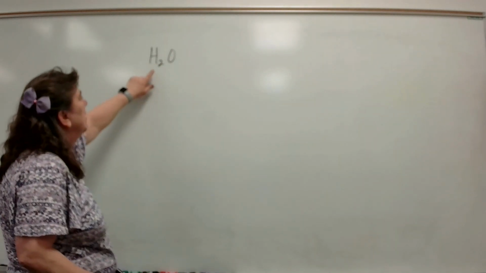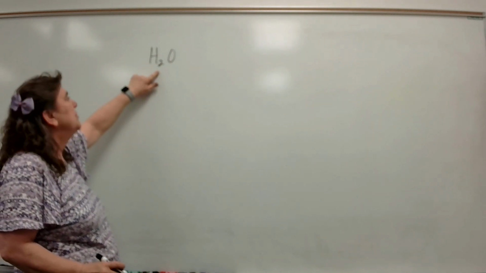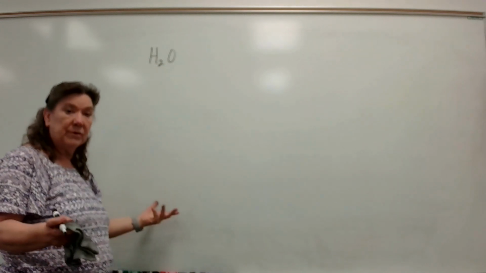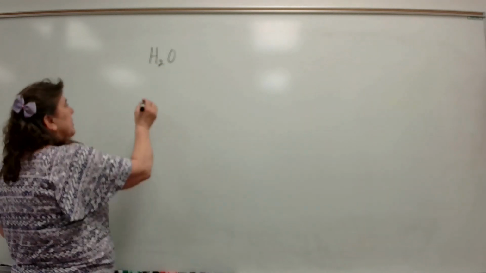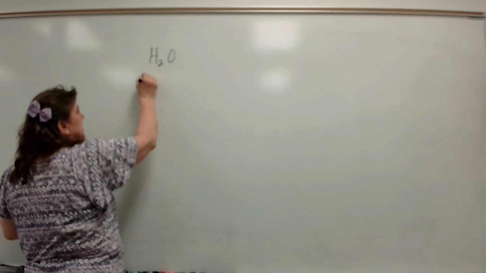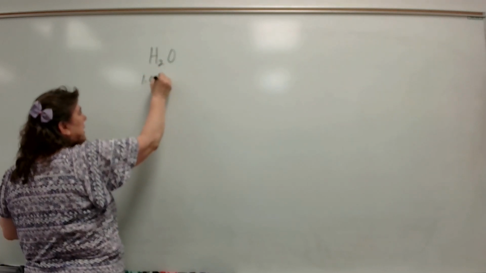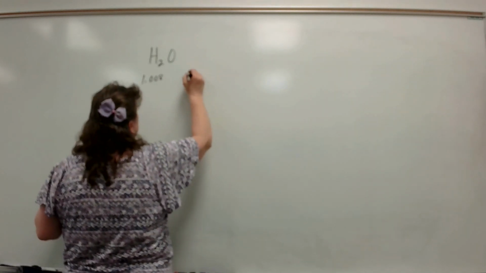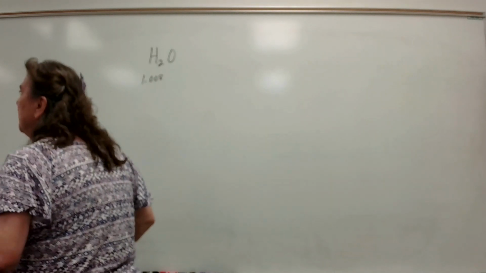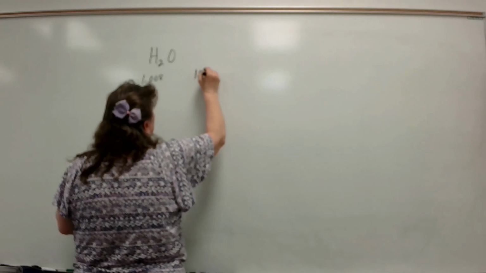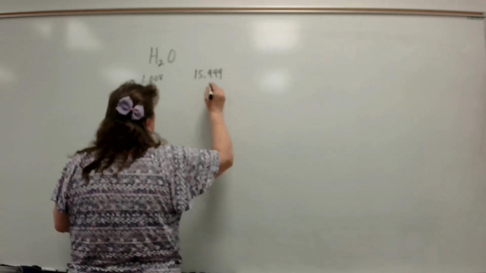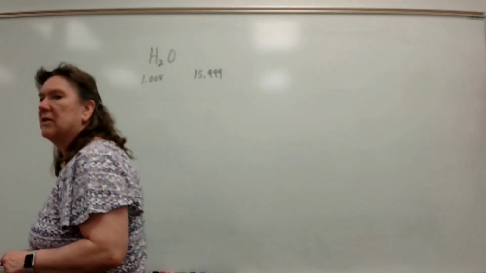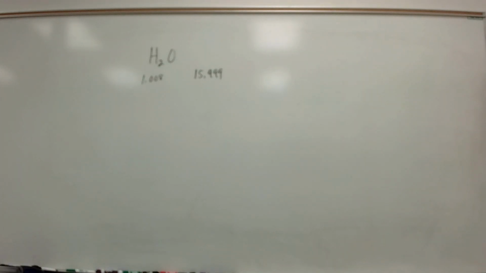This means I have 2 atoms of hydrogen combined with 1 atom of oxygen to make water, okay? So the gram mass of hydrogen is 1.008, okay? The gram mass of oxygen is 15.999. A lot of times we use 1 for hydrogen and 16 for oxygen because it rounds up to that.